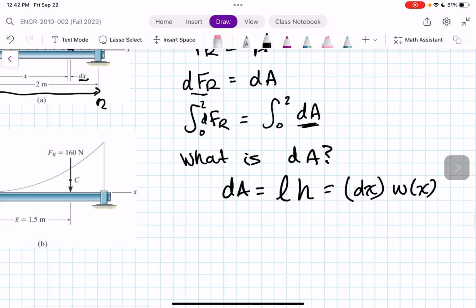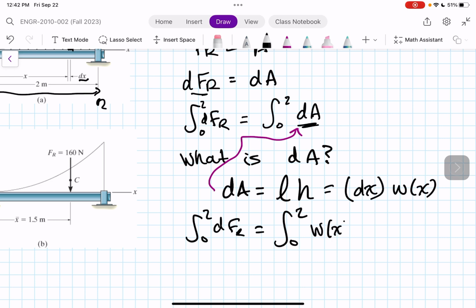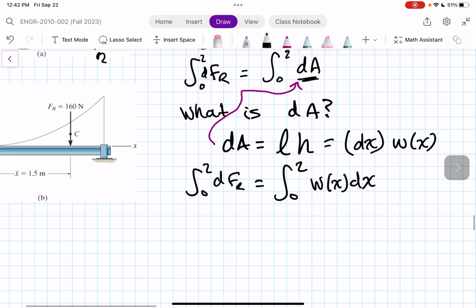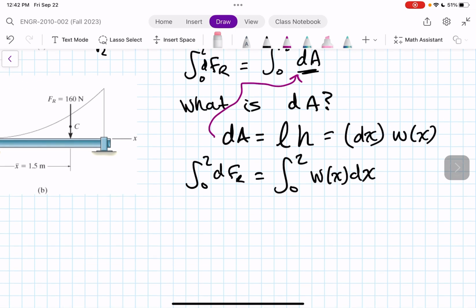Now we can substitute this into our equation, and we get the integral from 0 to 2 of dFr equal to the integral from 0 to 2 of w of x dx. This makes sense for our limits, because the limit is on the x-axis, so we want to make sure our function is in terms of x.